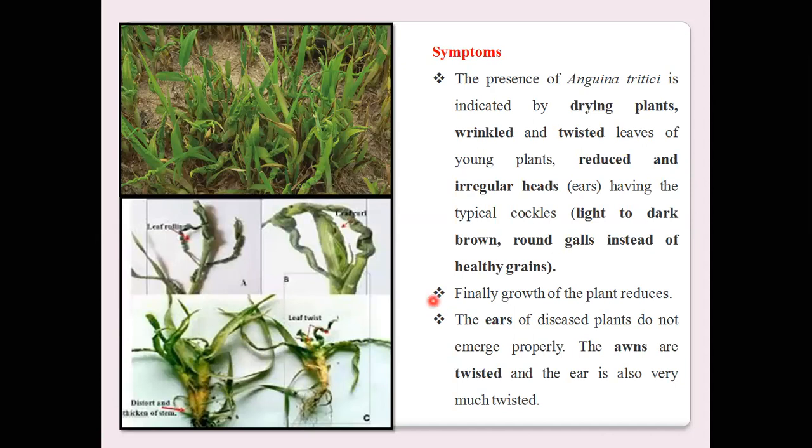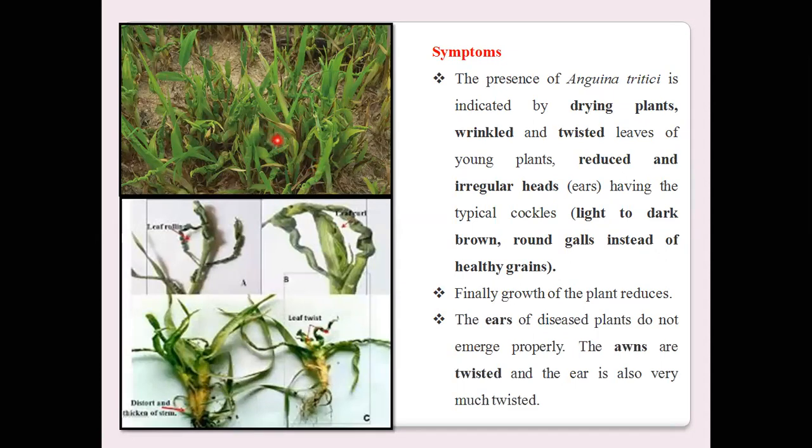These nematodes, having larvae, directly infect the wheat seedlings as well as the mature plants and develop the typical symptoms on them.